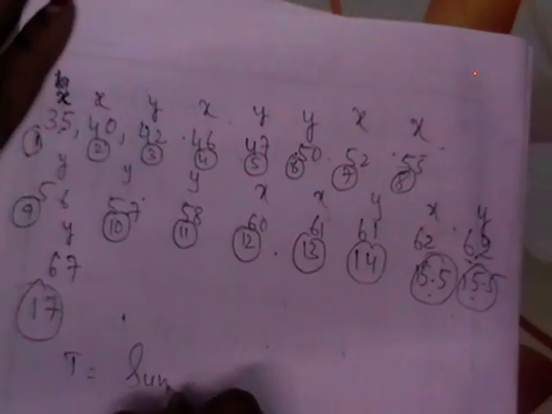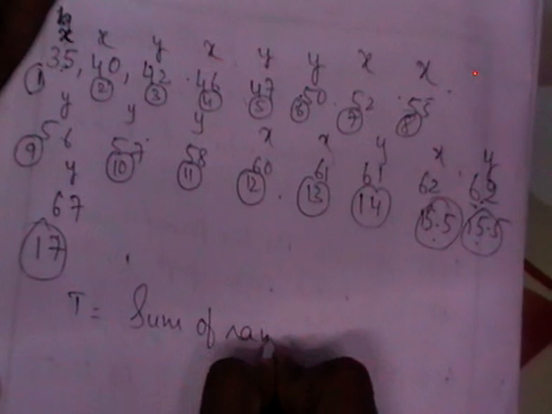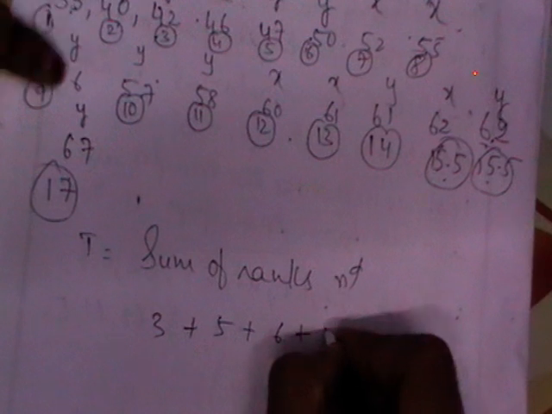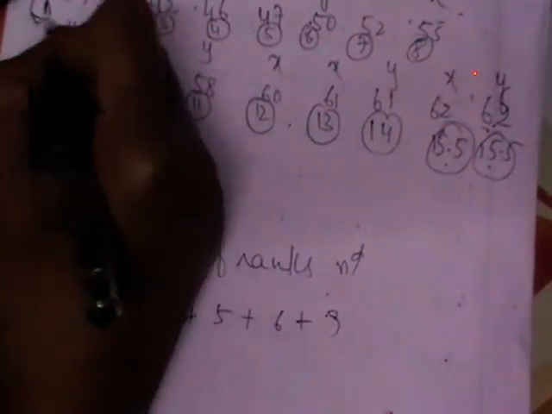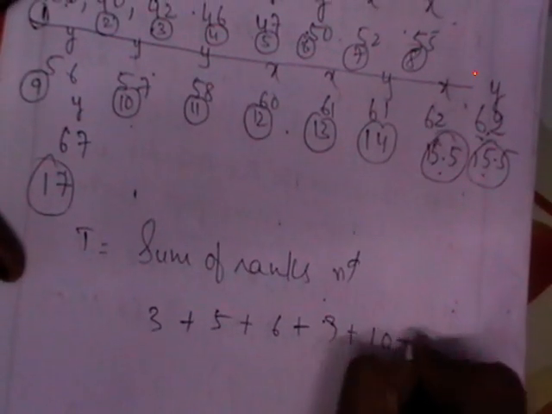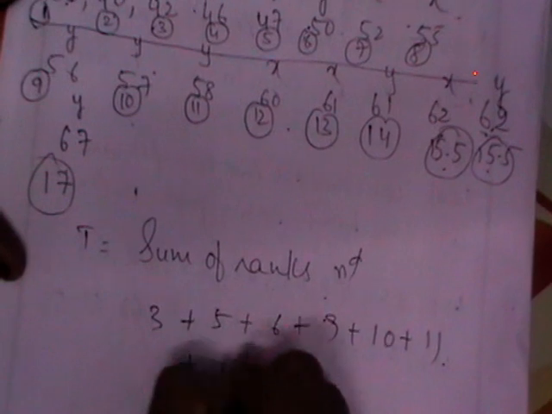Now what is T? T is nothing but the sum of ranks from the second sample, which is y. Just add the ranks from y: you have 3, 5, 6, and for y here 9, 10, 11, 14.